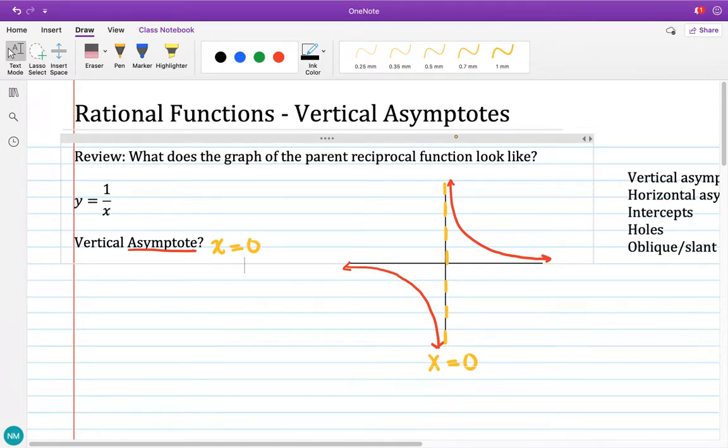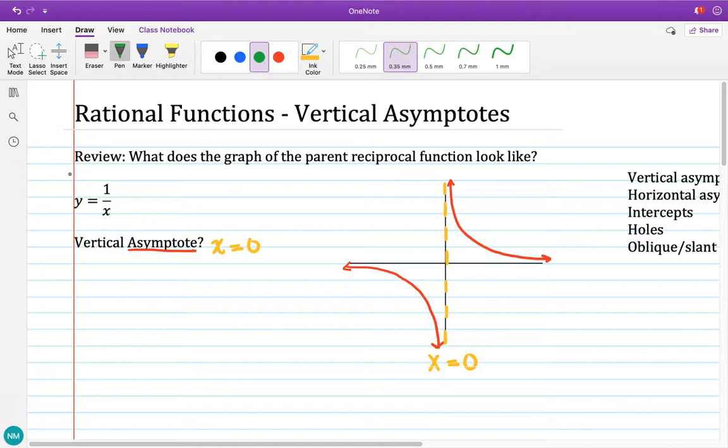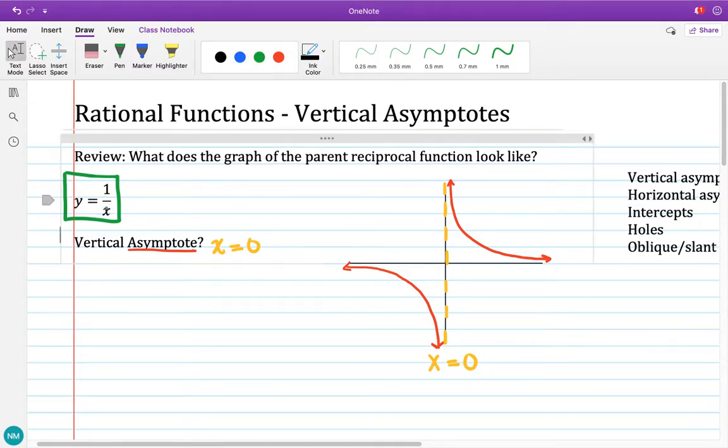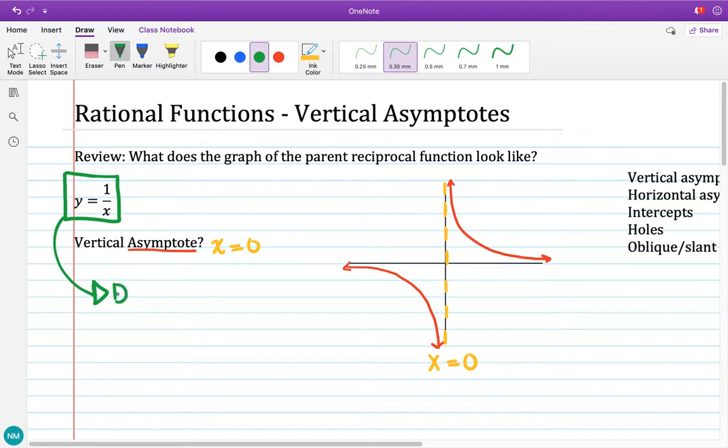Why is that? Why will the function never exist at x equals 0? Well, what have we learned about the domain of this function? How do we find the domain? The domain does not exist when the denominator equals 0. So for domain, I find what values make the function undefined.